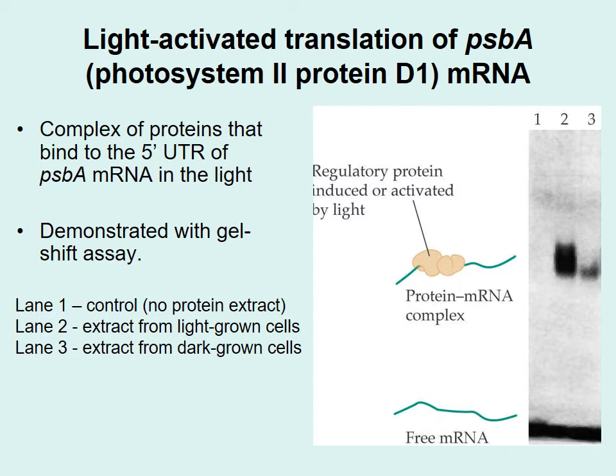So this indicated that light activated the translation of the psbA photosystem II protein D1 messenger RNA, and which was functional as well. And in the darkness, this free messenger RNA was found, which is rapidly prone to degradation.